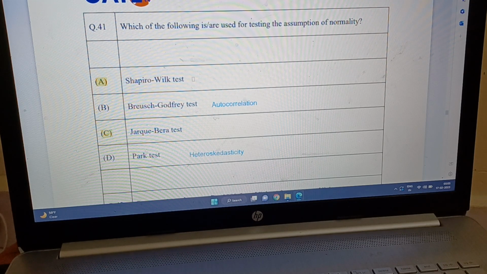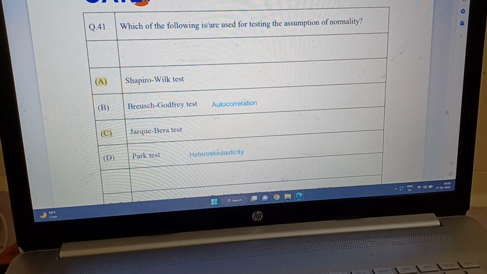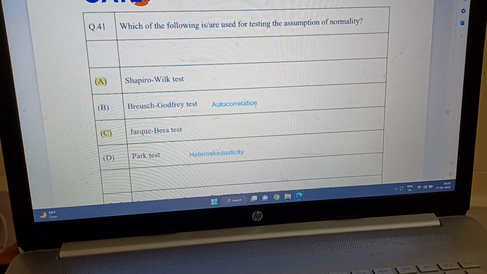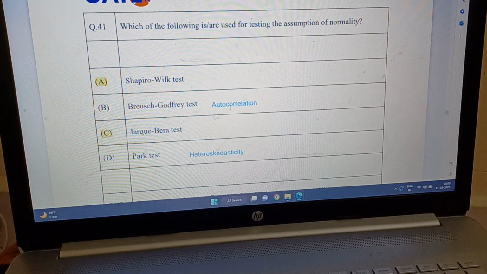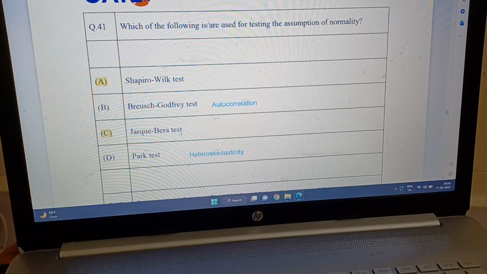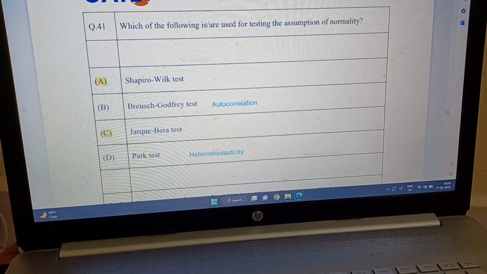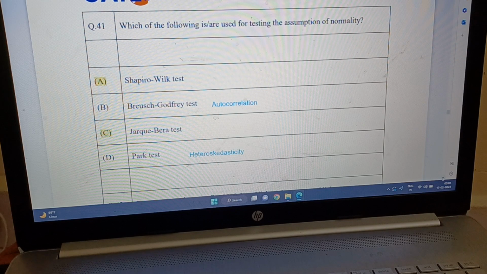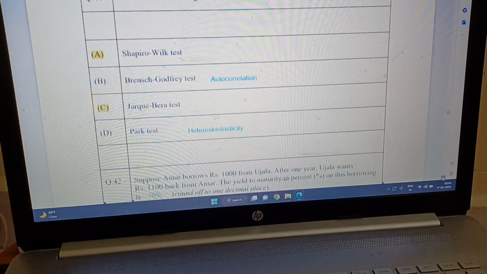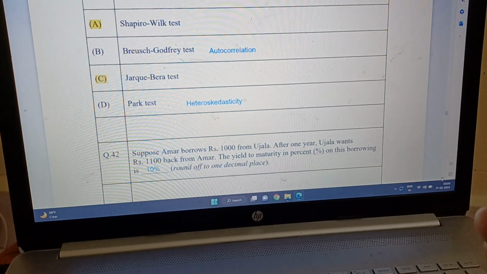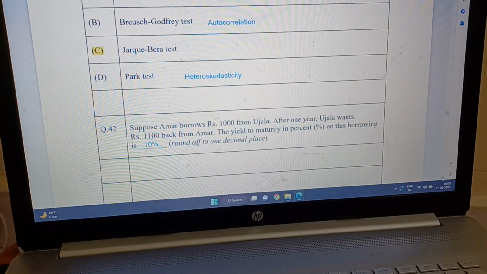So Shapiro-Wilk test tests that. The Breusch-Godfrey test is for autocorrelation, so it is not for normality. The Jarque-Bera test is also for normality, and the Park test is for heteroscedasticity. So A and C are the correct answers. You just needed to remember it, actually. It is not something you can derive, it is a conceptual thing, you just need to remember that, okay, these are the tests for normality.